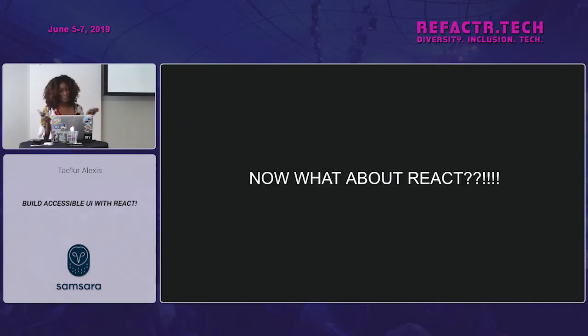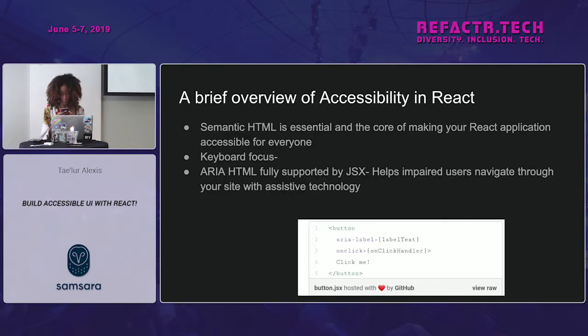All right. Now let's get into React accessibility, since I wanted to go over the overview of basic web accessibility. So the core of an accessible React application actually lies in HTML, making sure that you are writing semantic HTML, and then also keyboard focus, making sure that you can tab through the input fields and everything.